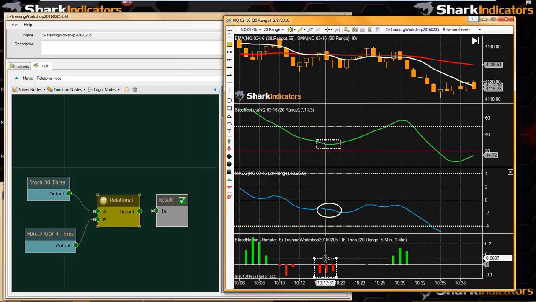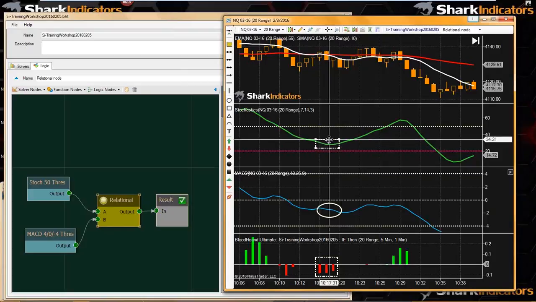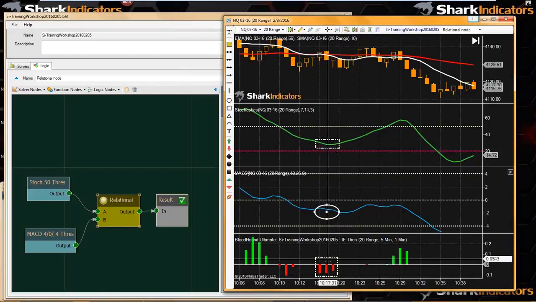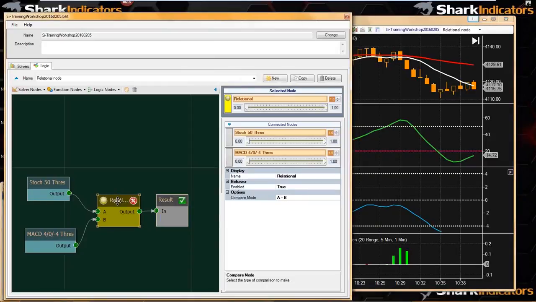And so BloodHound's output is the difference between the two, right? It's taking the output from A and subtracting the output from B, and this is what's left. This is the difference.